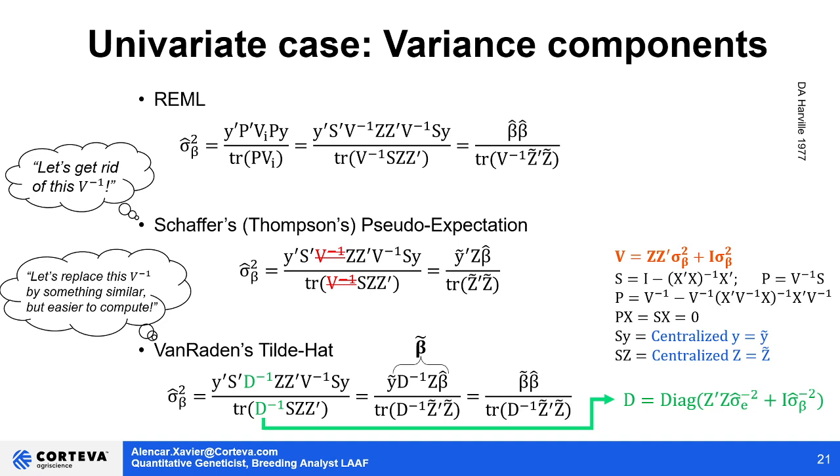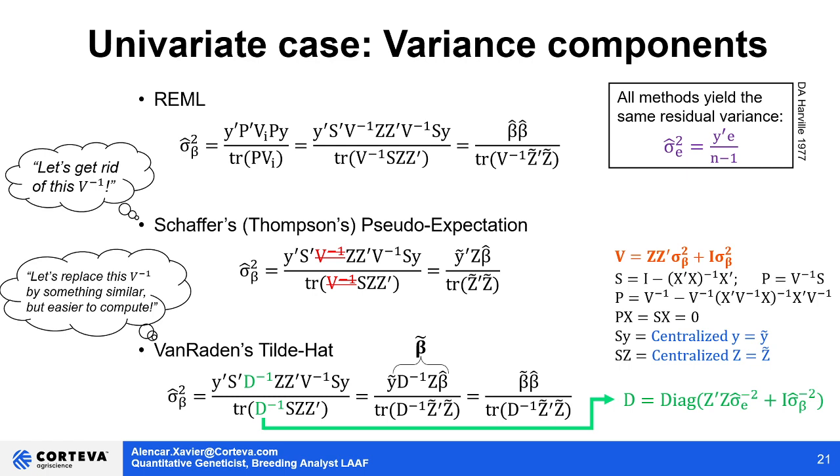The name of the method is tilde-hat because he approximates one side of the equation by calling the yD^-1Z as b tilde. Both methods are equivalent: if the D matrix is just an identity matrix, the tilde-hat is reduced to the Schaeffer method, the pseudo expectation.